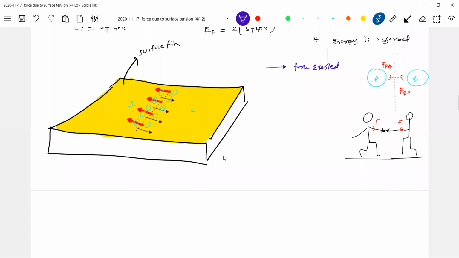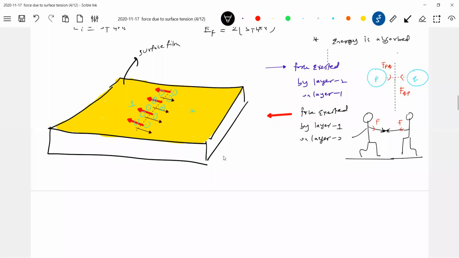Force exerted by layer 2 on layer 1. What about this force? Force exerted by layer 1 on layer 2. Agree this?